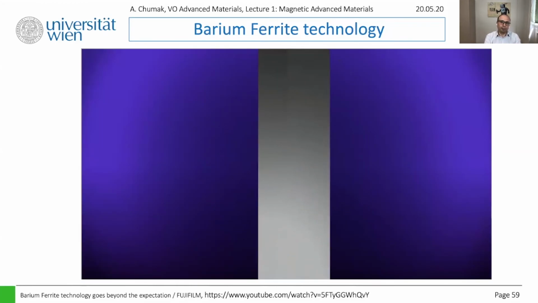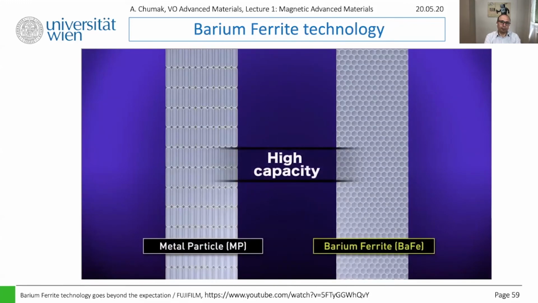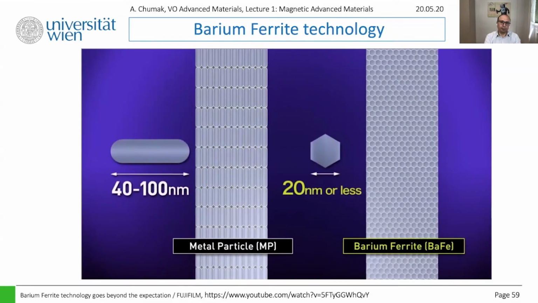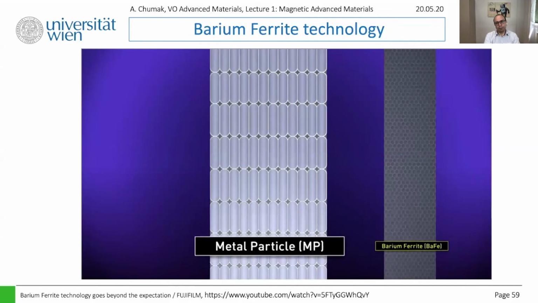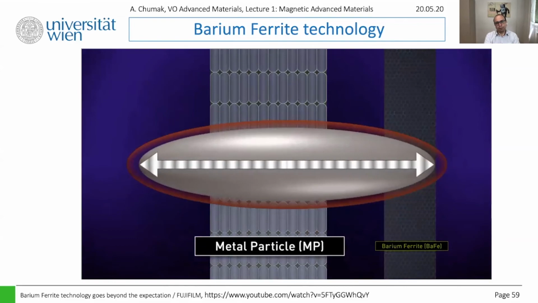Compared to traditional metal tapes, barium ferrite tapes have high capacity. Barium ferrite has miniaturized magnetic particles to less than half of what it traditionally was, giving a massive boost to data storage capacity. This was made possible by its unusual shape. Traditional magnetic metal particles had to be elongated in shape to maintain polarization.